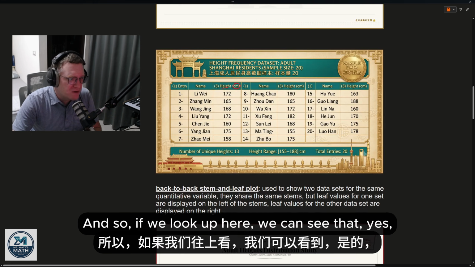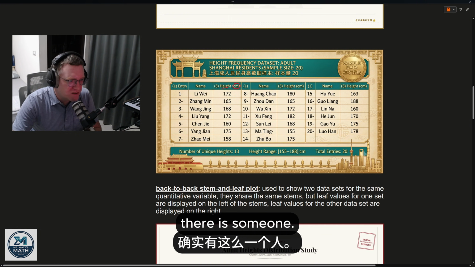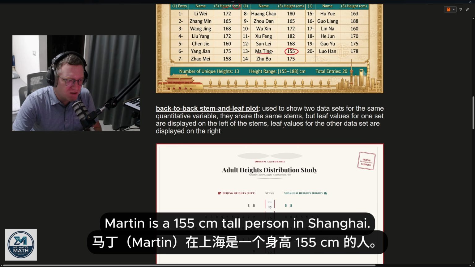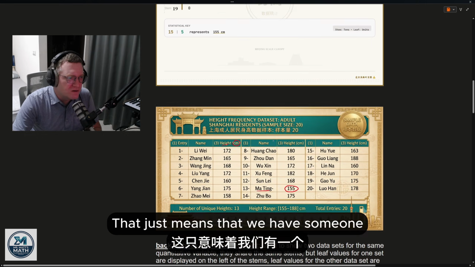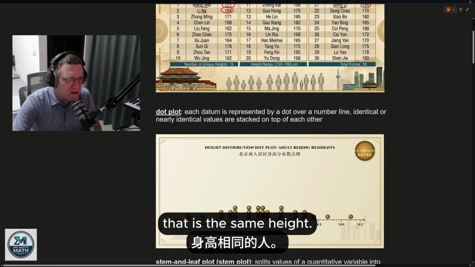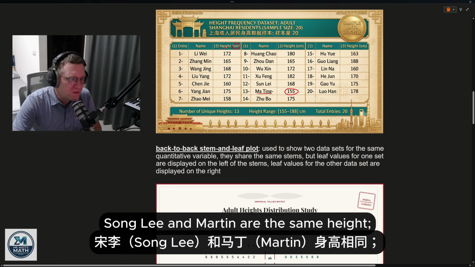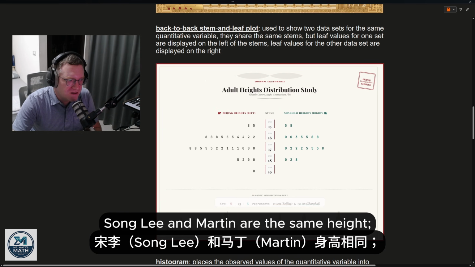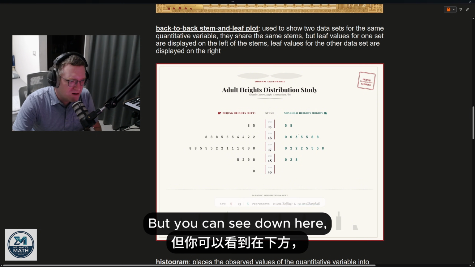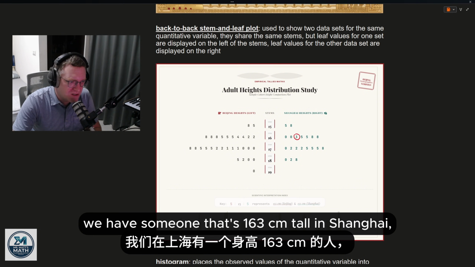If we look up here, we can see that yes, Ma Ting is a 155 centimeter tall person in Shanghai. So that just means that Song Li and Ma Ting are the same height. They are both 155.